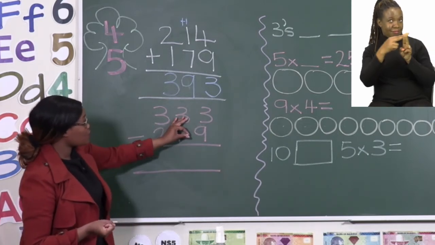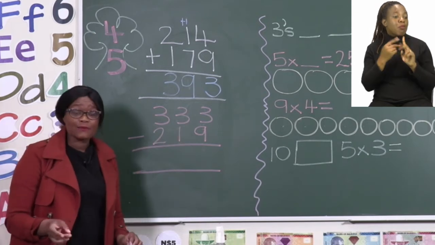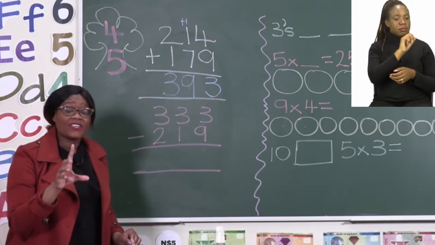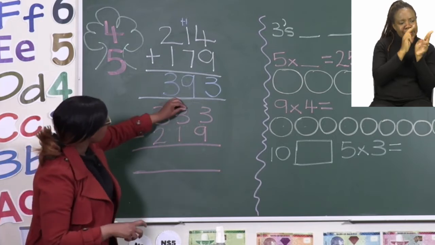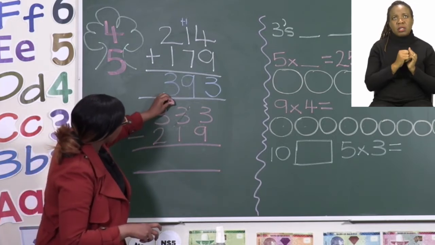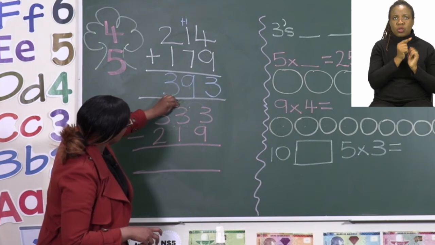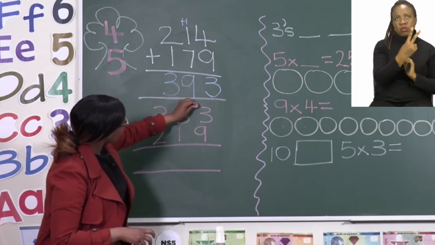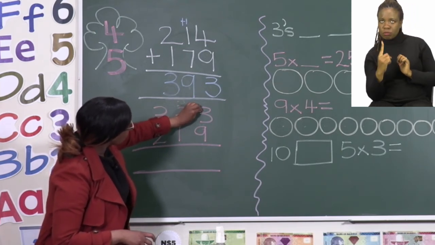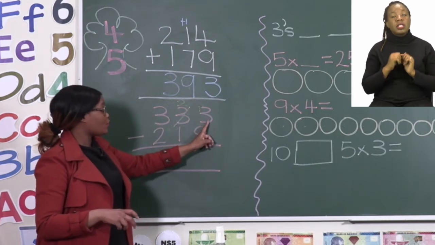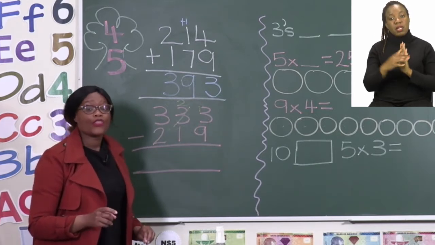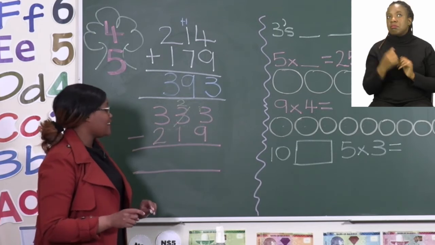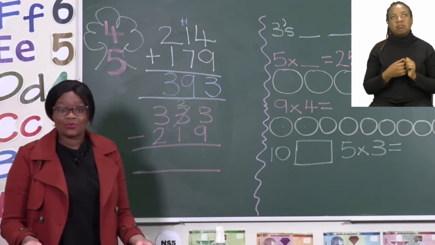We go to the tens and we ask them for one of its tens. So our 3, after asking, changes into a 2. And then that 10 comes to the unit, changing our 3 into a 13. Now we can subtract.